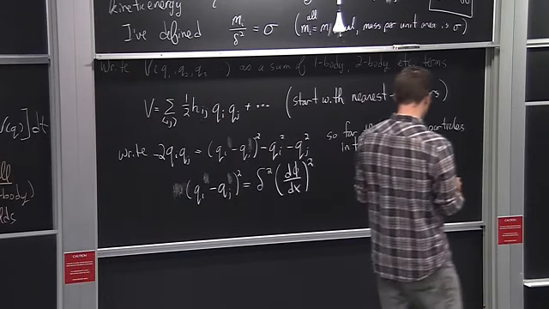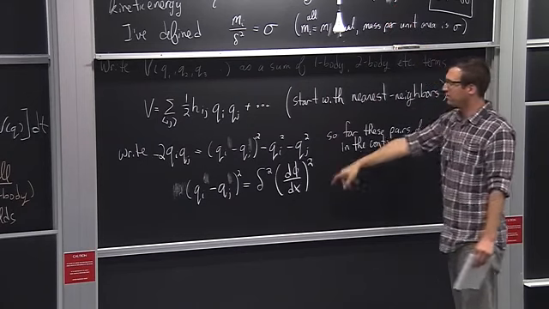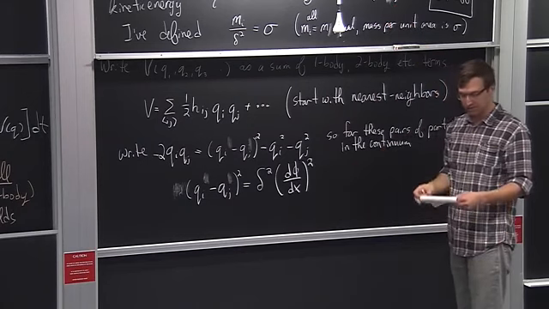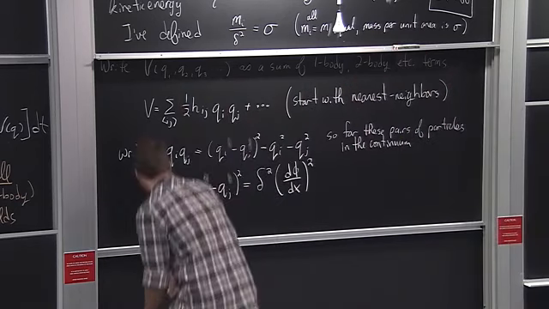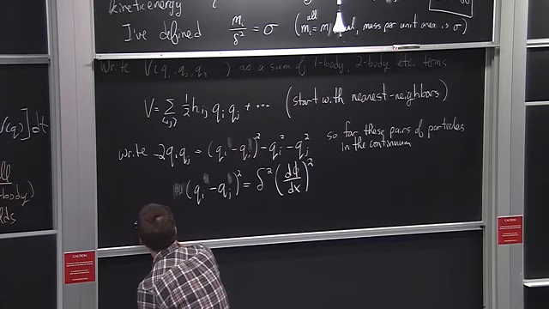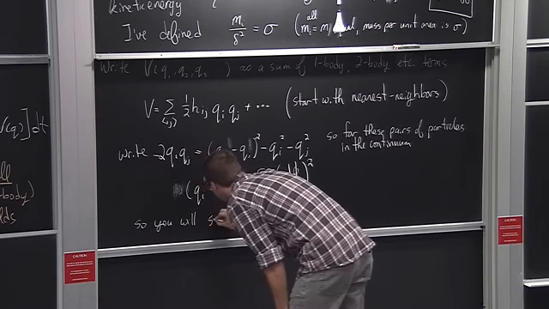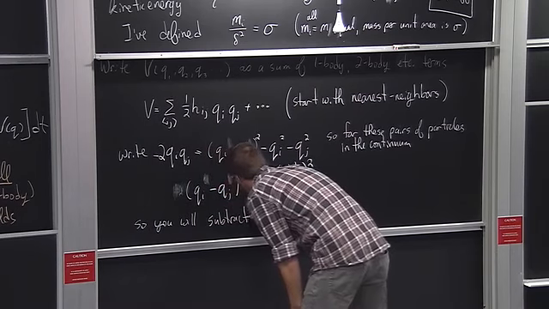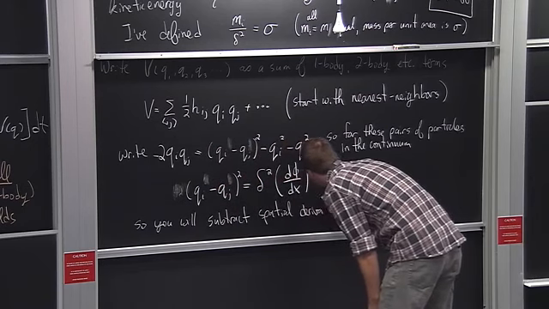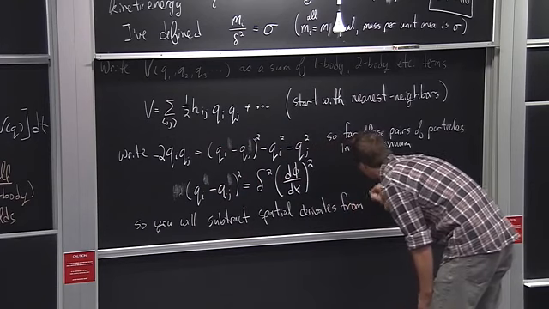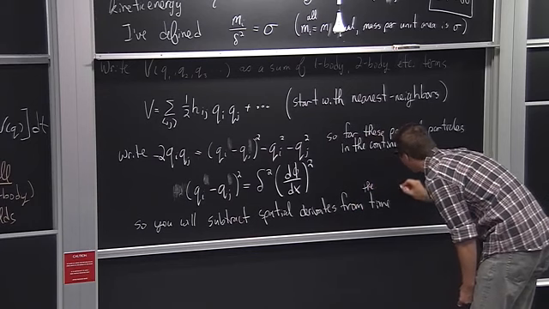So you actually have a time derivative coming from the kinetic energy, and then you're going to be subtracting off all these spatial derivatives here. There's only one time derivative.